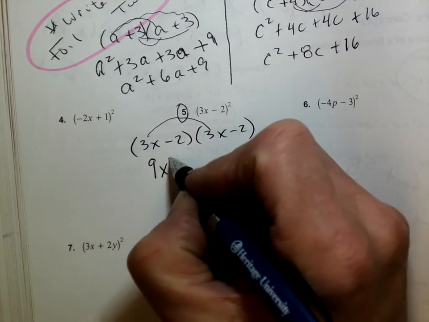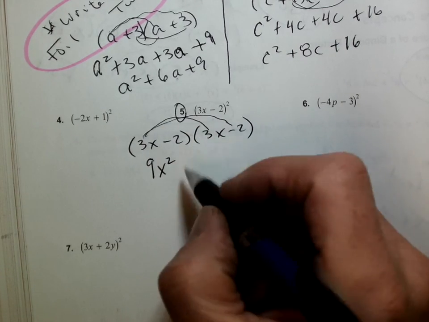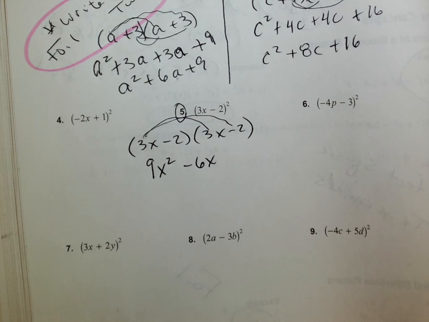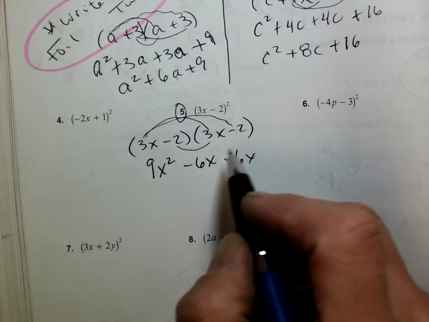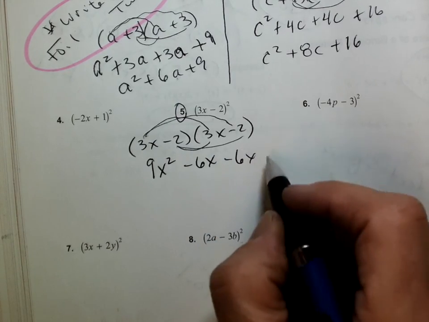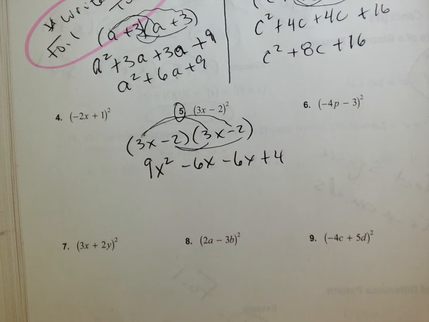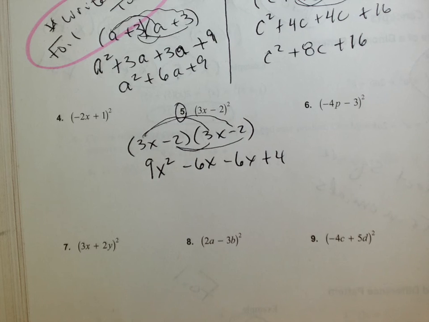Did you get that? A negative 6x, another negative 6x, and a positive 4. I'll stop and let you catch up if you haven't got that. Negative times a negative is positive. I'm not done, but that's the first.